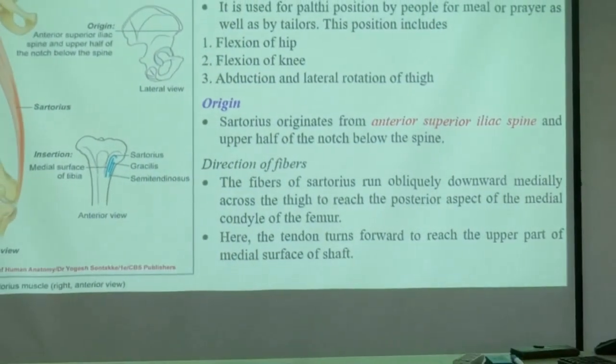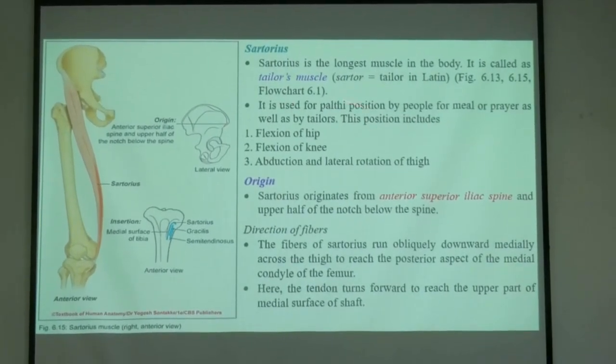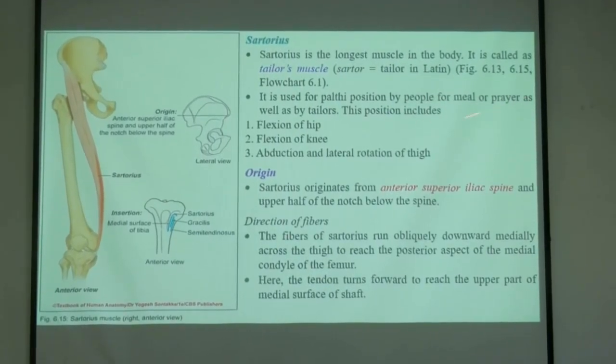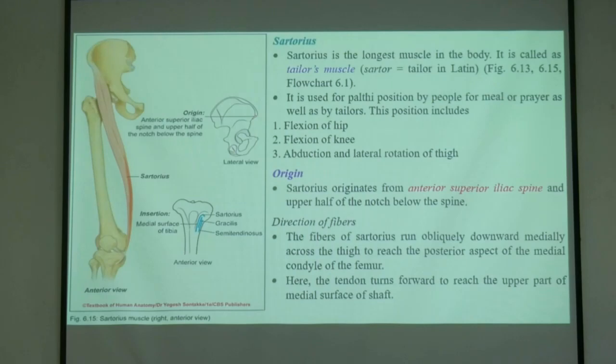Sartor means tailor in Latin, and it is used for the cross-legged position by people for meals or prayer, as well as by tailors. This position includes flexion of the hip, flexion of the knee, and abduction and lateral rotation of the thigh during movement of the lower limb during tailoring.